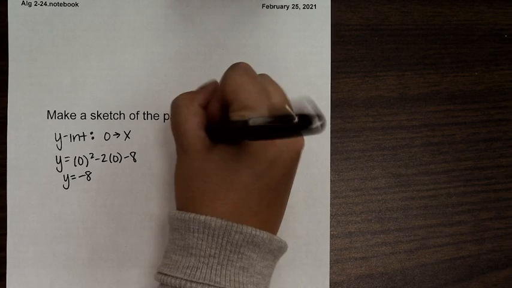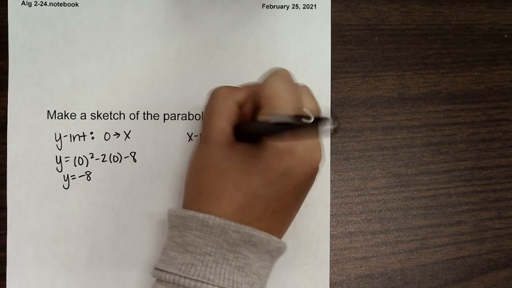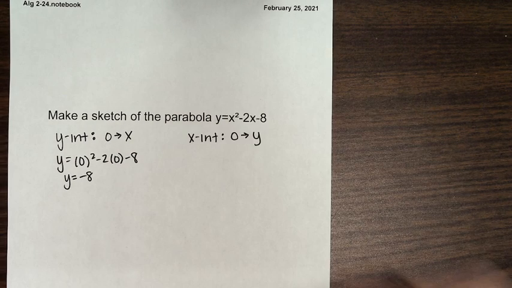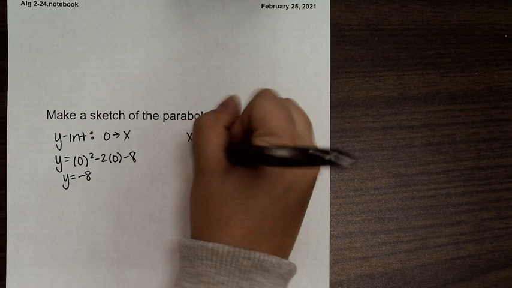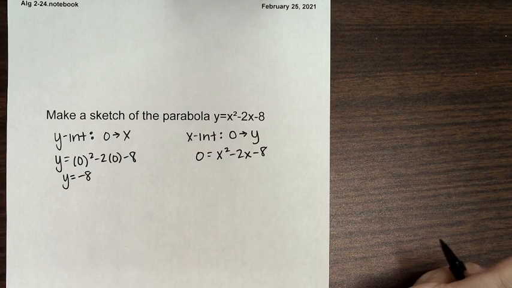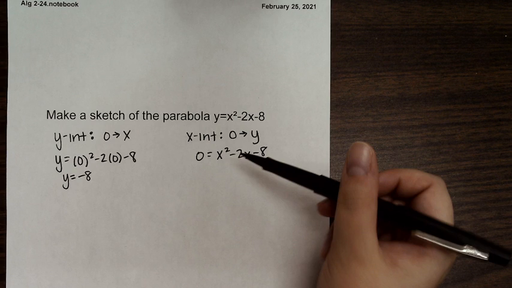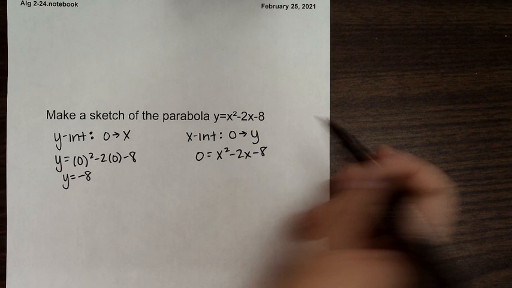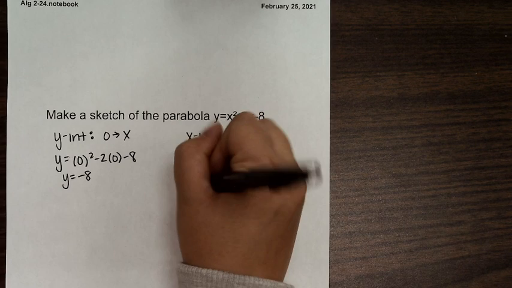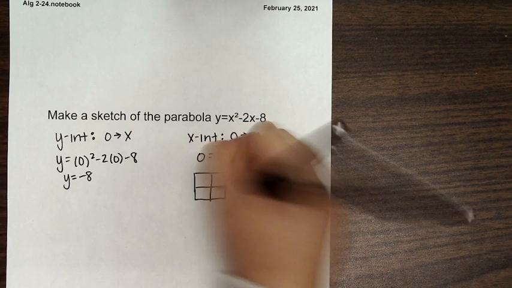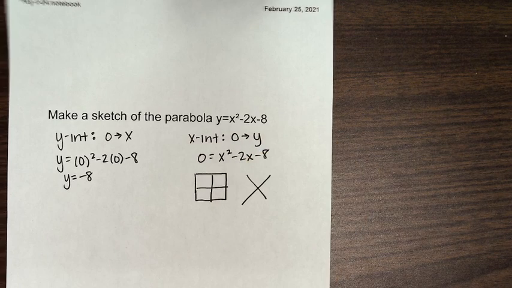Now I'm going to get the x-intercept by plugging in 0 for y. So I have a sum equal to 0, which doesn't help me. So we need to use our generic rectangle and our diamond to help us rewrite this sum as a product.